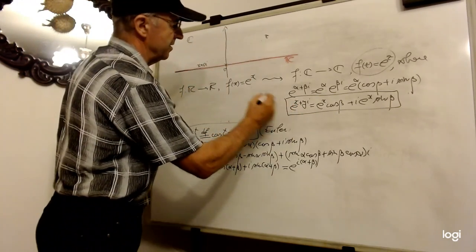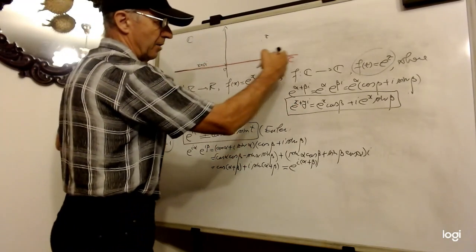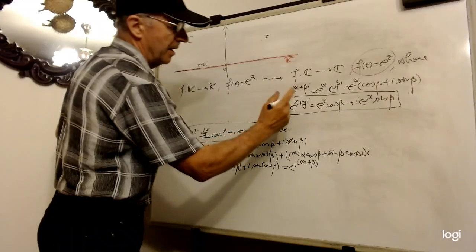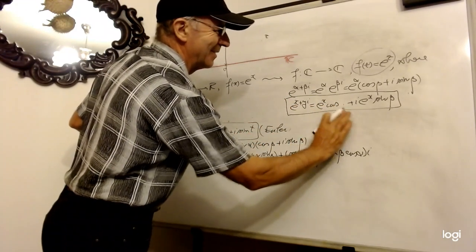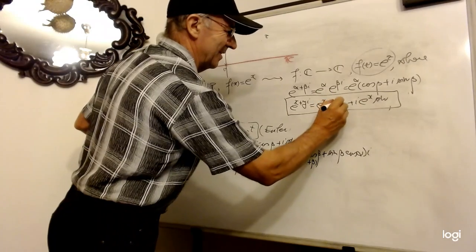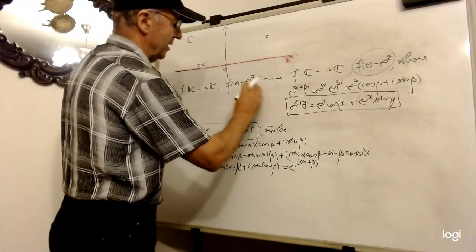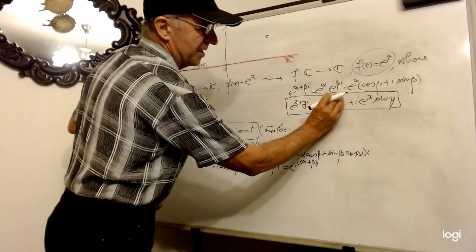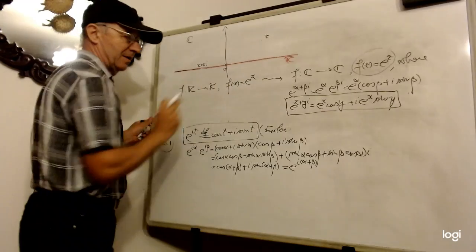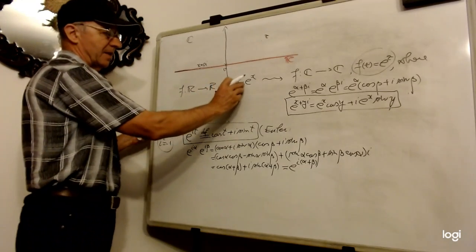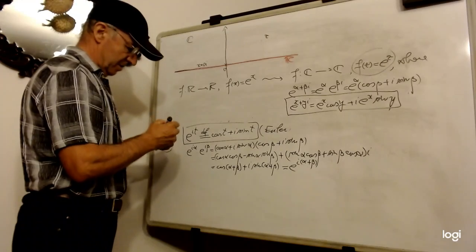If you consider the case when this point is on the real axis, then y is 0. Cosine of 0 is 1, sine of 0 is 0, and we obtain that the restriction to the real axis is just the usual exponential function.